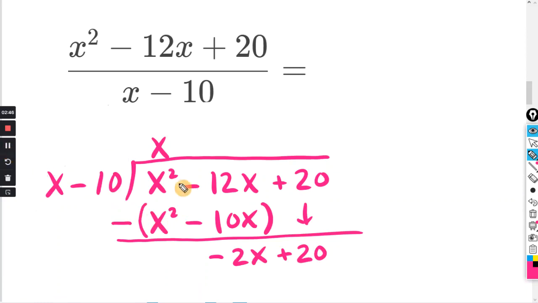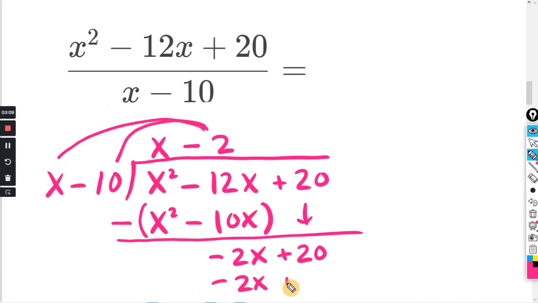Now we do the same thing that we did before. We're going to say what times x gives us negative 2x. Well, that's just going to be negative 2. Okay, and distributing that, negative 2 times x is negative 2x. And negative 2 times negative 10 is positive 20.